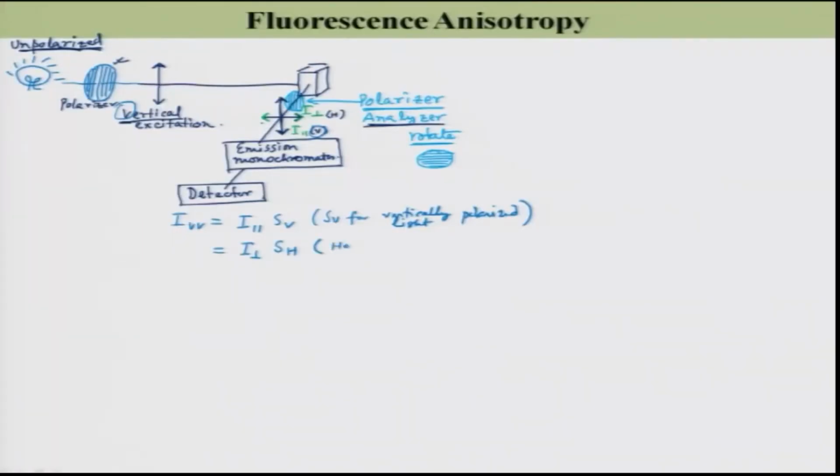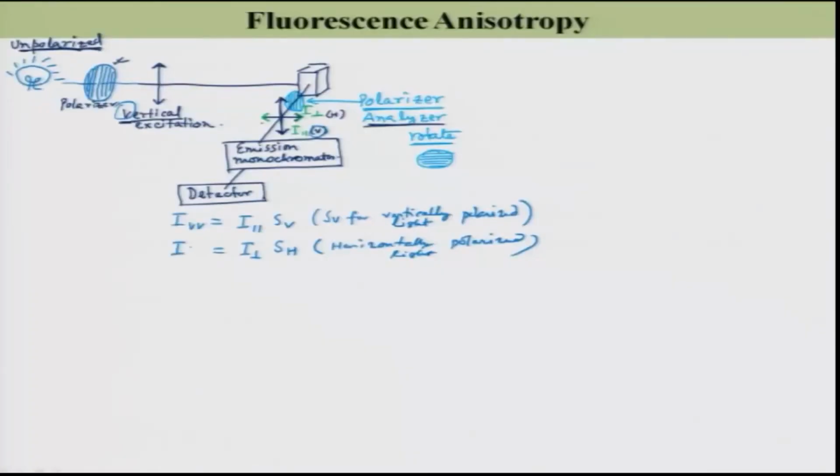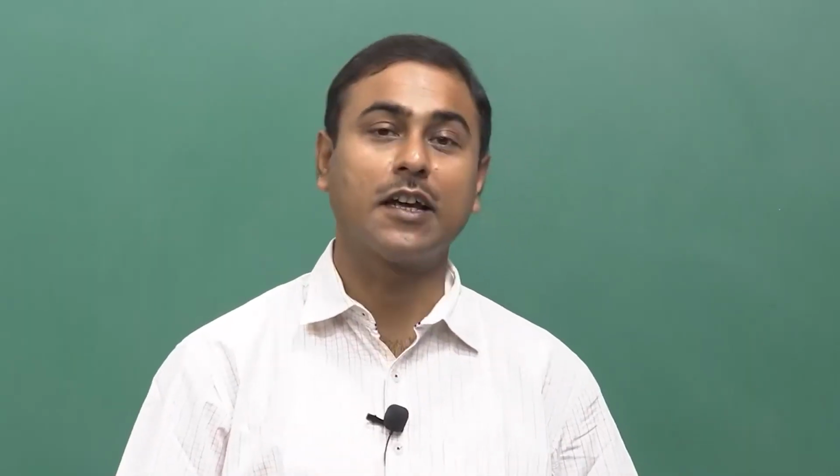So here this sensitivity is for horizontally polarized light, and I name it I VH. Here is my vertical and here is my horizontal. So, I am done. Now when I write I parallel minus I perpendicular, I have to write it in terms of I VV and I VH.